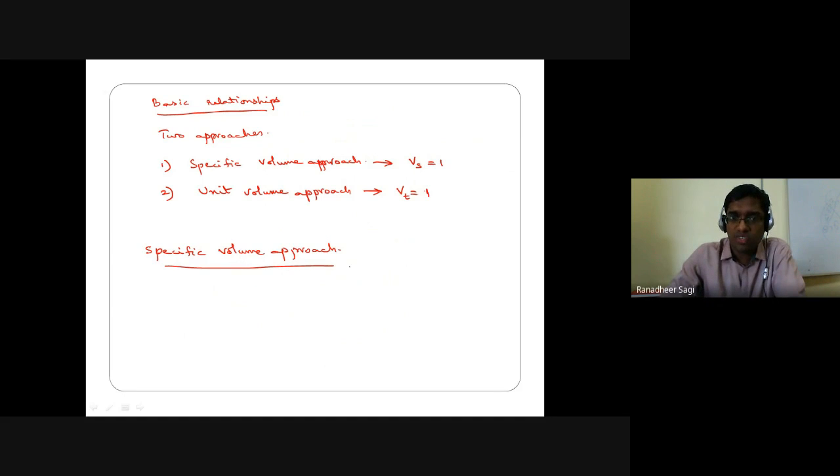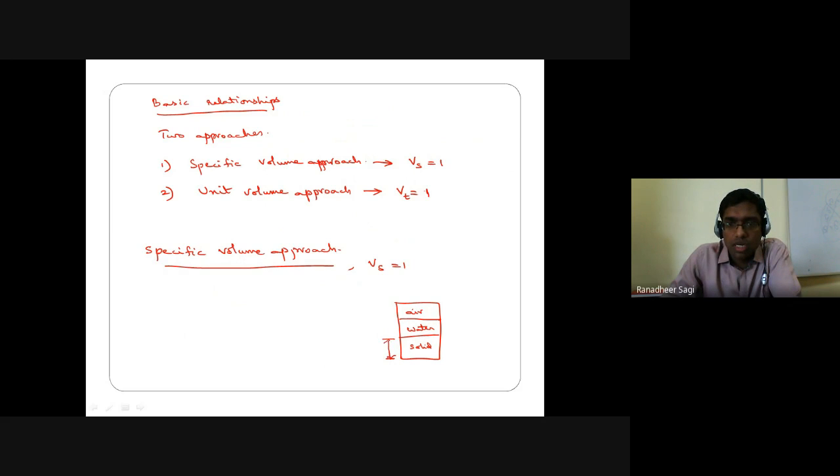Once I say specific volume approach, we assume that the volume of soil solids is equal to 1. Now, let's say, for example, I'll be looking at my phase diagram. This is my three-phase diagram of that particular soil, where I am indicating my solid phase, water phase, that is indicating your liquid, and your gaseous phase, which is represented by air.